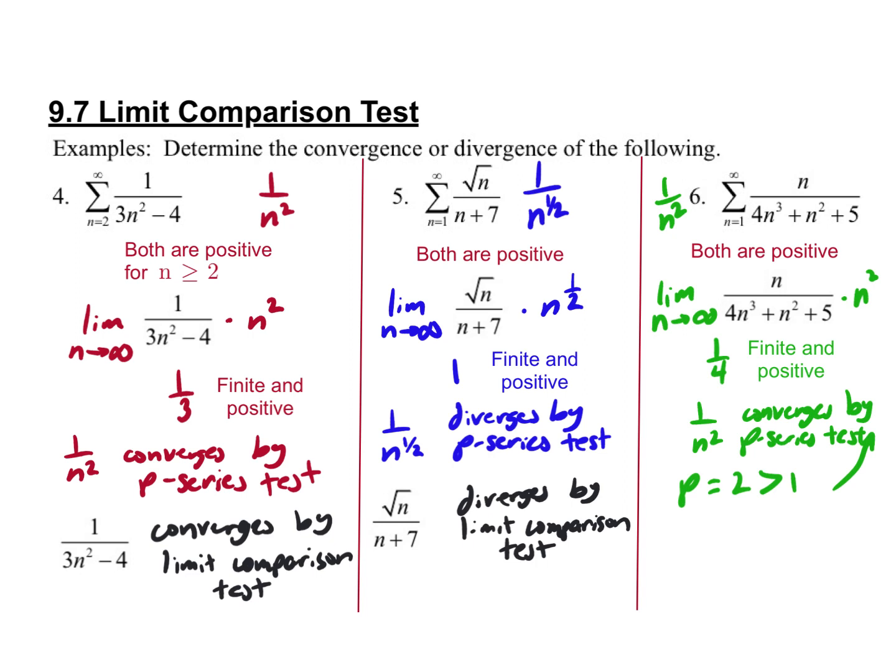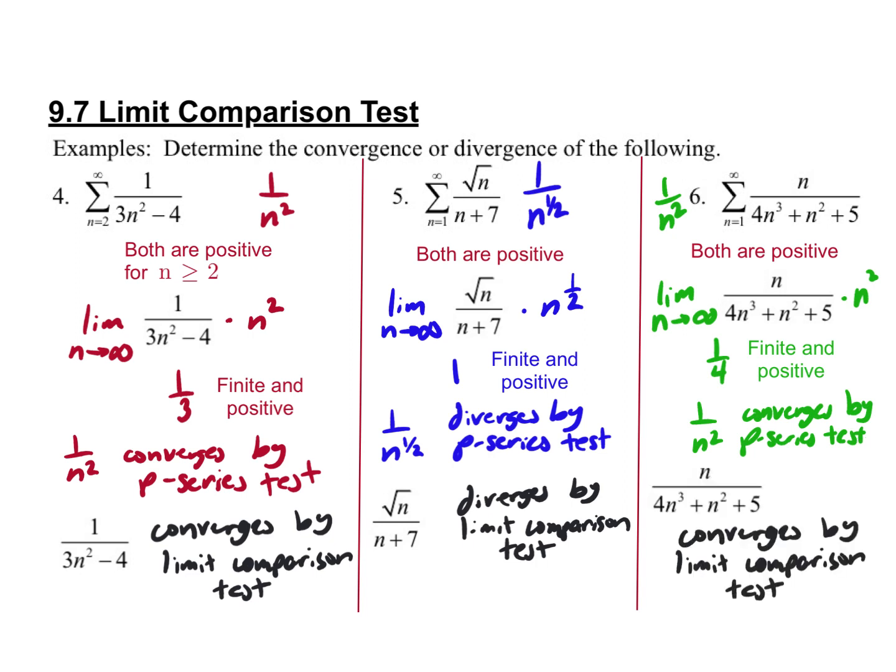Does the reasoning just involve p, or also the conditions for the p-series test? Good question. Do we need to state all the conditions for the p-series test? I think we should, and I probably should have done it too. I'm thinking about it in terms of what a grader's going to say.